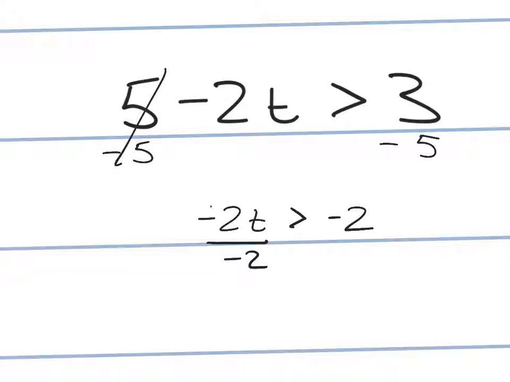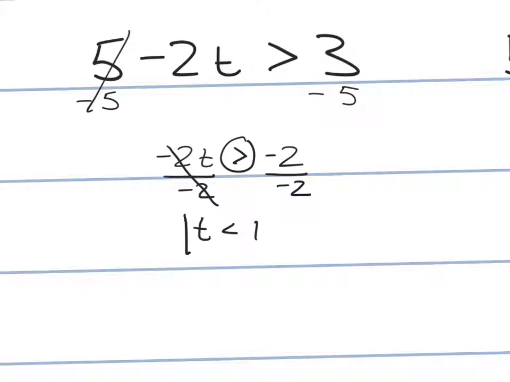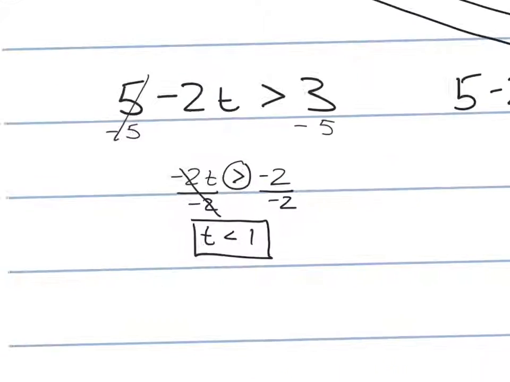I'm being a little bit nitpicky there, but we're going to have to divide by a negative eventually anyway. So what am I going to write? t is less than 1. This symbol flipped because I divided by a negative number. So t is less than 1. That is part of my answer.